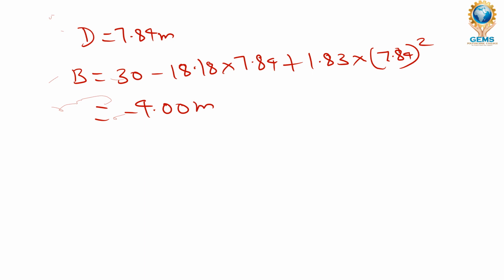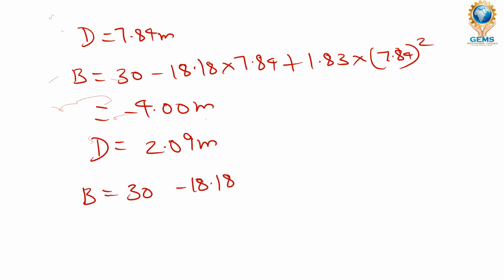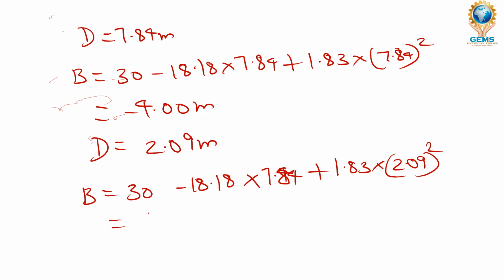And if we substitute d equals 2.09 meters, that is b equals 30 minus 18.18 into 2.09 plus 1.83 into 2.09 whole squared, we get the value as 12.27 meters. So these are the final values.